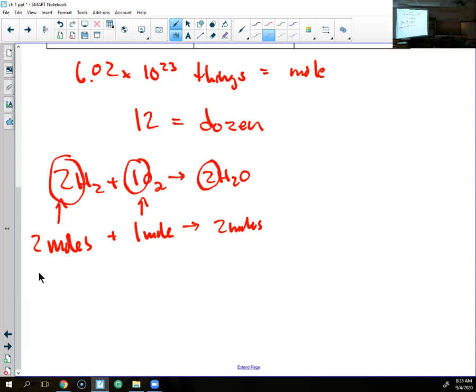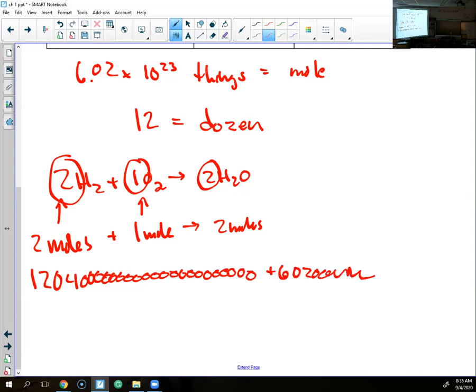That's a lot easier than this. Plus this number, I'm not even going to do it. I don't know about you, but I like typing 2 into my calculator better than whatever this number would be. I don't even know the name of that number, but 2 moles.